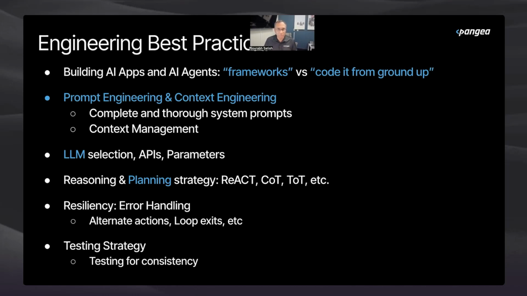Prompt engineering is all about designing the system prompt thoroughly, which can guide the agent to do things like breaking down the task properly, generating the action invocation inputs properly, and using the results of the action properly. A good system prompt can also allow your agent to deal with errors so that it can respond with alternative tools, different parameters, and so on, so that your agent can become more resilient.